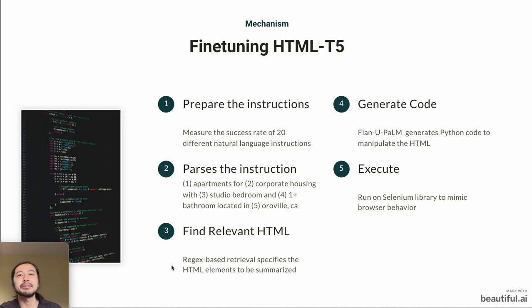They use regex-based retrieval to specify the HTML element to be summarized for the further task, and based on those regex-based HTML elements, they generate the PaLM Python code to manipulate HTML, and that gets executed to mimic the browser behavior on the Selenium library.